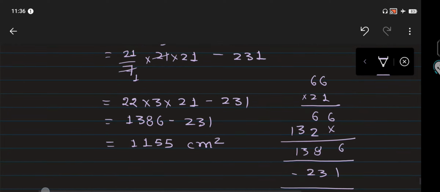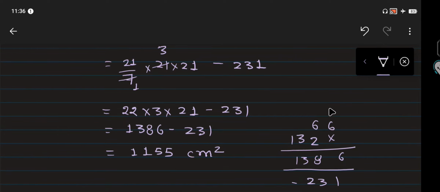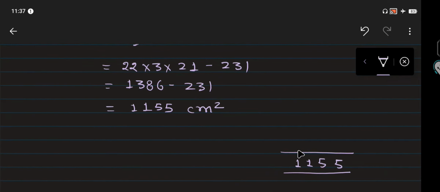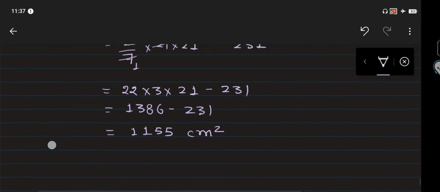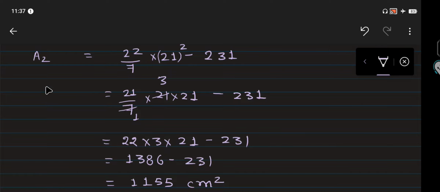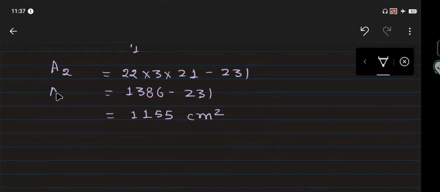Okay, so we have calculated the area for the major sector also, and it is coming 1155. This is the first method. You can also apply the formula to calculate it. I'm just showing it.